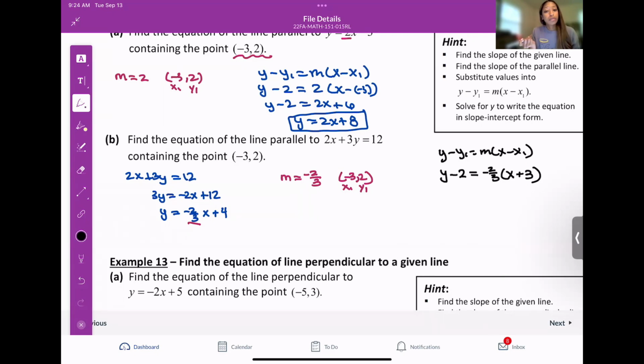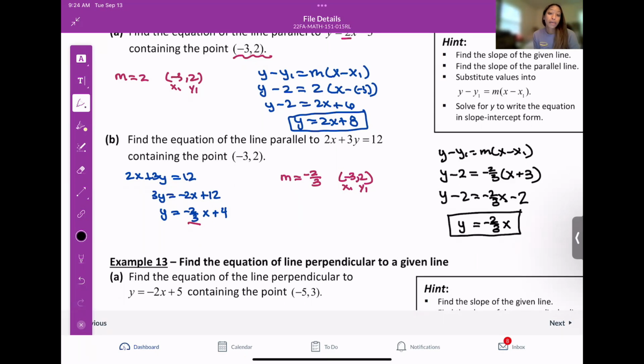Then we distribute on the right-hand side and add the 2. y minus 2 equals negative 2/3 x. Negative 2/3 times 3 would be negative 2, so minus 2. And then if we add 2 to both sides, the 2's cancel out. So we get y equals negative 2/3 x as our equation.